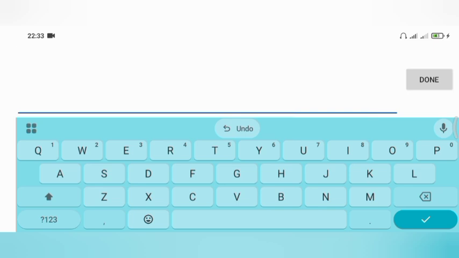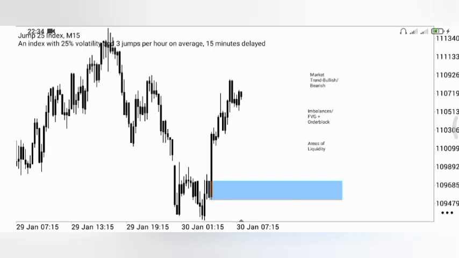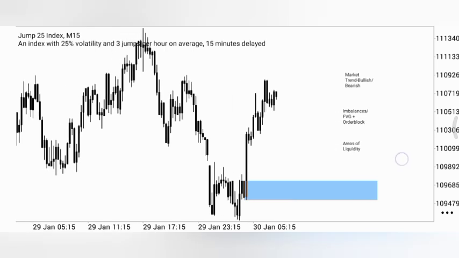And then liquidity areas, right? Areas of liquidity or drawn liquidity. It depends on how you want to market it.